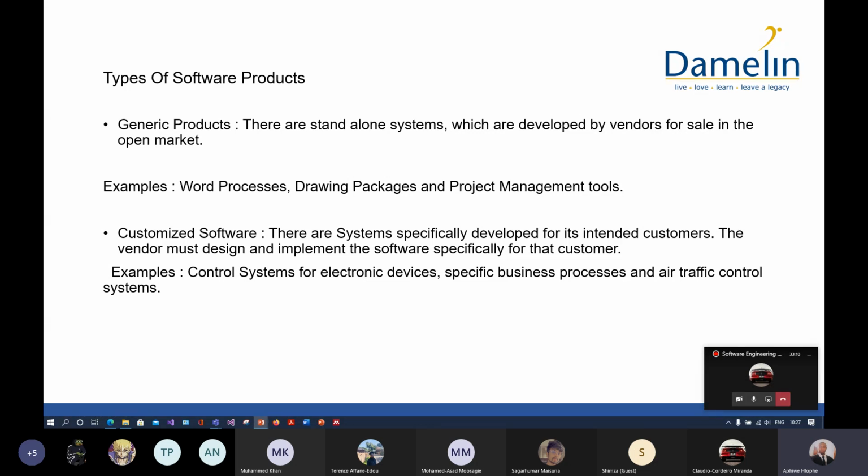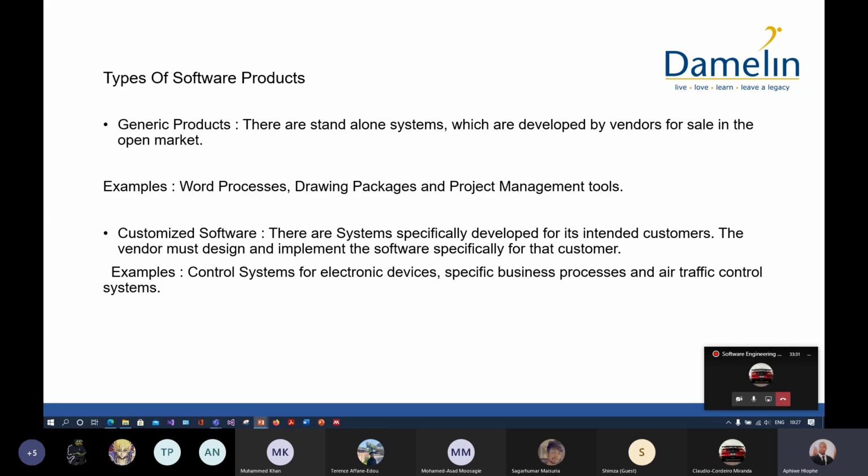Example, picture Microsoft Office. Any organization can go into the store and buy Microsoft Office for use. You don't have to be doing anything specific or anything special. It's a generic product. You buy it off the shelf. As opposed to the second category, which is customized software.